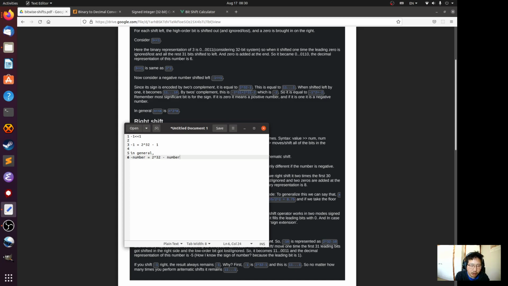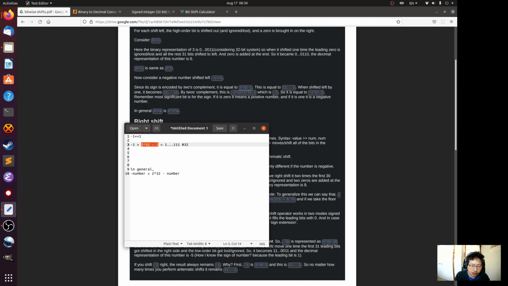So -1 is equal to 2 to the power of 32 minus 1, and that is actually equal to all the 32 bits filled by 1s. That's what it means.